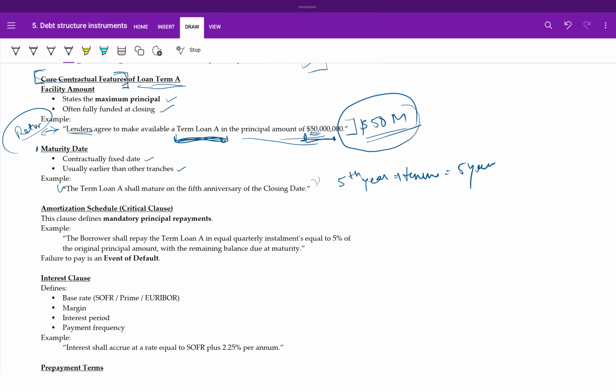So these are the technical definitions which you will find in a loan term A agreement. If you read the language, these are structured in a very fashionable way, which might give you an idea of British English.